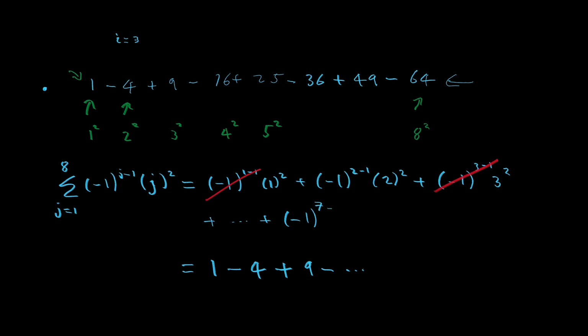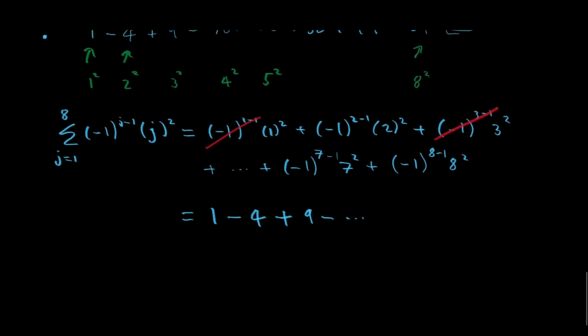So we would have it raised to this power, which will end up being the 6th power, times j squared, no need for the brackets really, and j equals 7 in the second last term, so times 7 squared. Plus, you don't have to write the last term, but I will, times -1 to the 8 minus 1th power, times 8 squared.